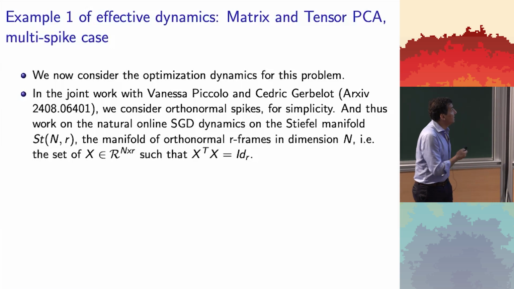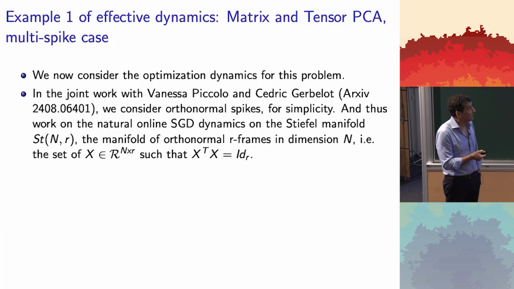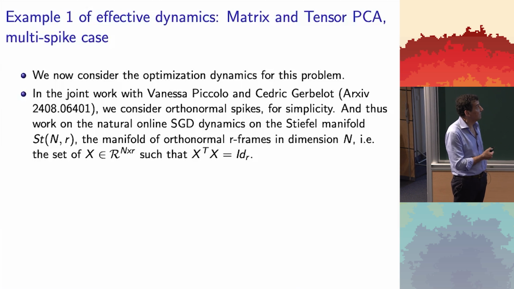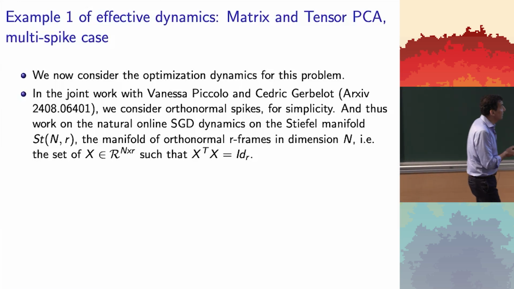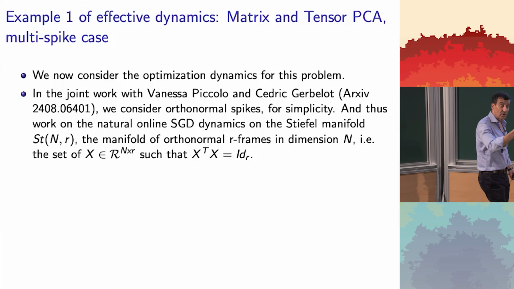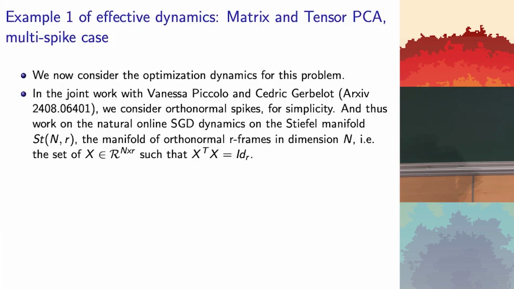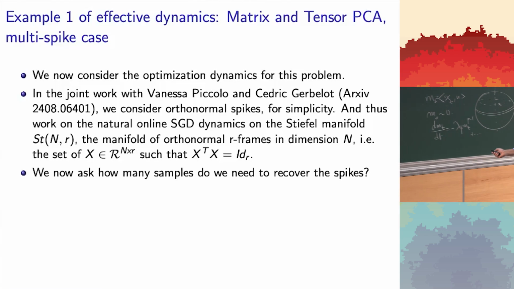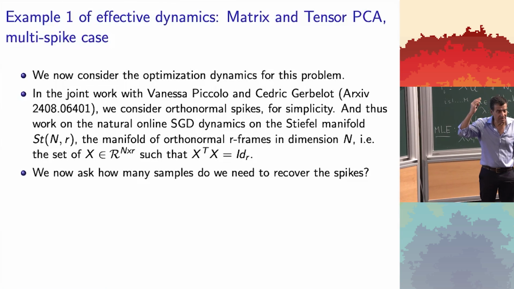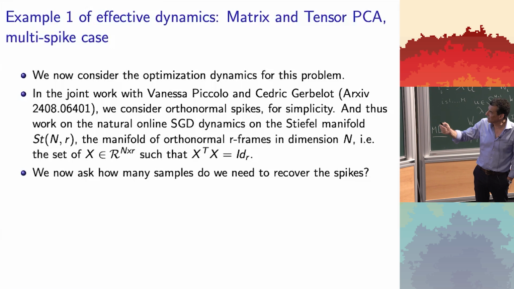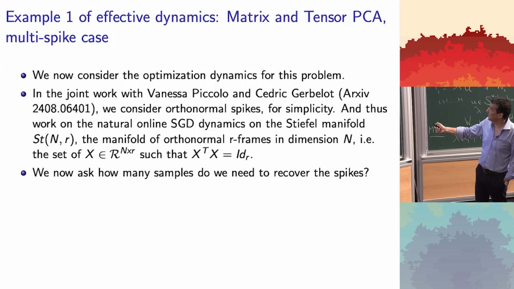And then we look at the natural SGD. The natural SGD here is on the Stiefel manifold, which is the manifold of R frames in dimension n, so the set of matrices like that, because in fact what you're trying to estimate is an R frame. So you have this natural dynamics on this manifold, and you ask again, how many samples do you need to recover the spikes?